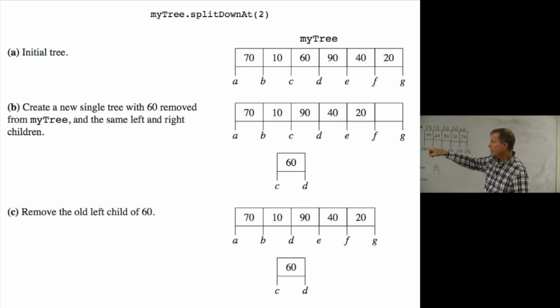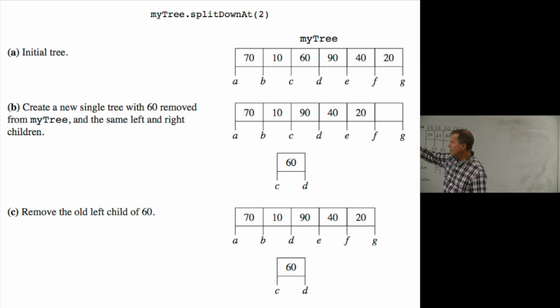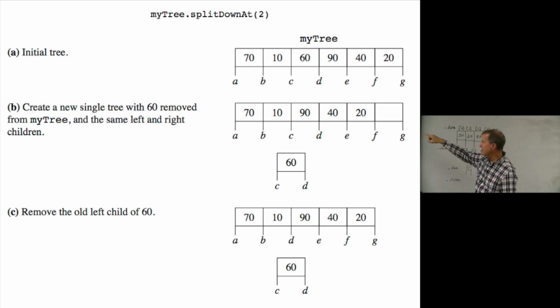It's C. Now, look, in part B of the figure, we still had A, B, C, D, E, F, G, but what happened was when we removed the data part, we still have what?